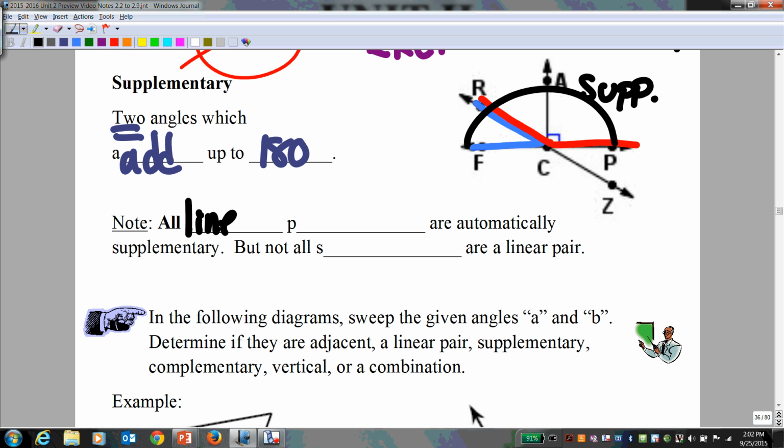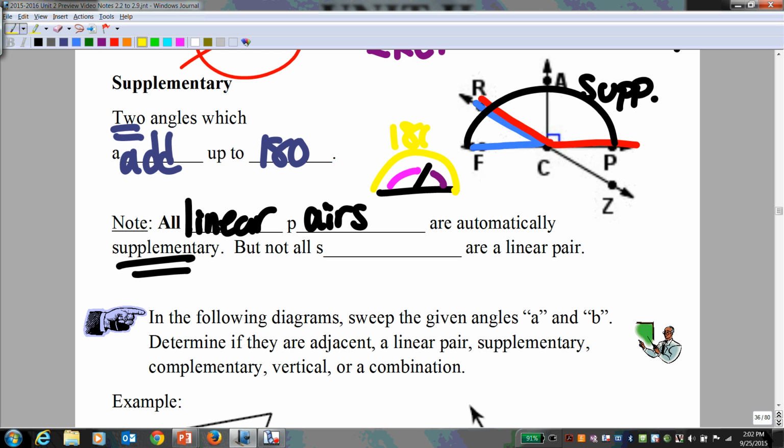All linear pairs are automatically supplementary. All linear pairs, two angles that share a spine and make a line, are automatically supplementary, which means they add up to 180. But not all supplementary angles are a linear pair. You could have two angles that are not back to back.